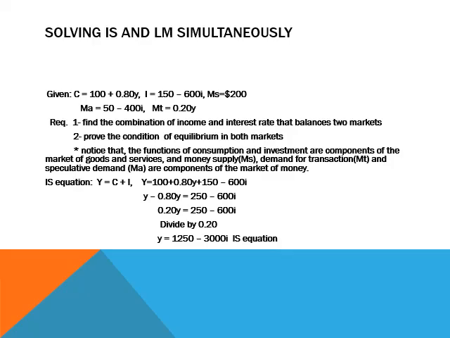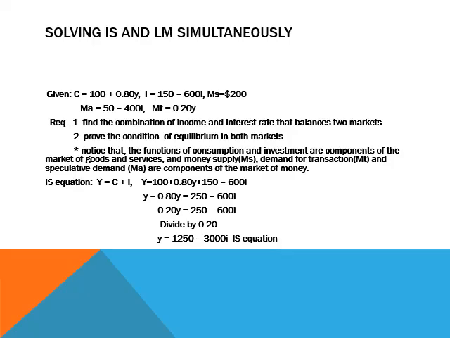Secondly, we need to prove the condition of equilibrium in both markets. So the combination which is found should be applied in the two markets to prove the condition of equilibrium.